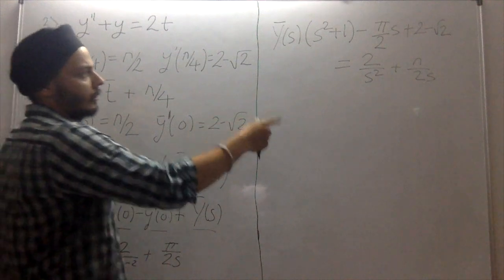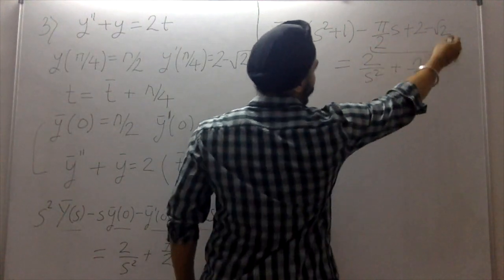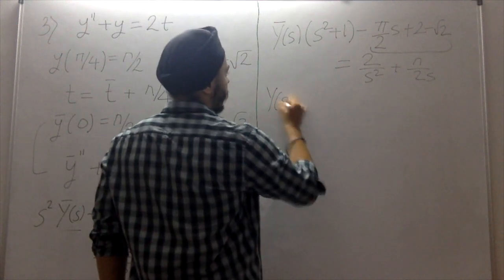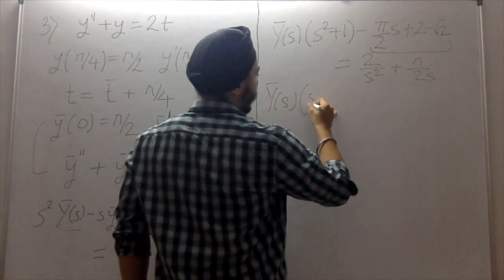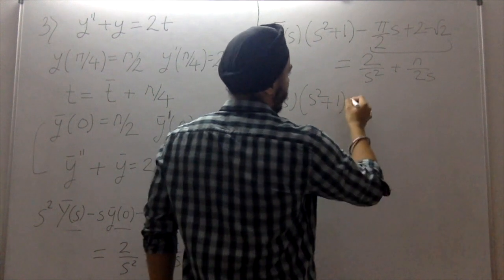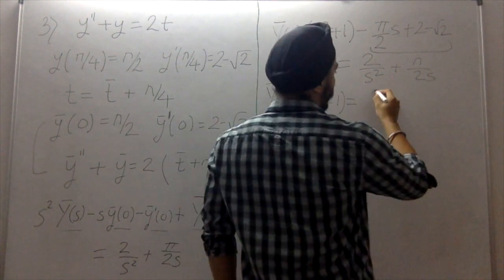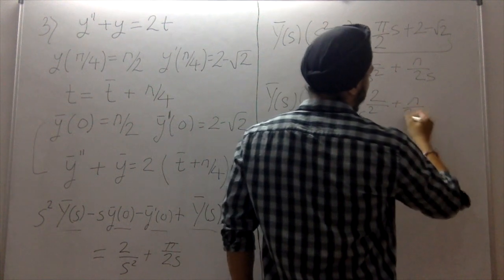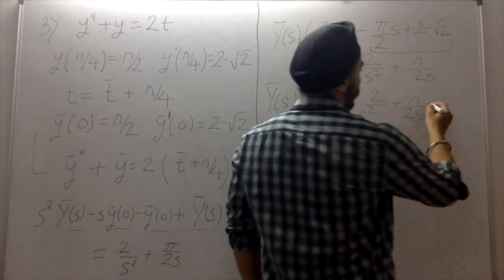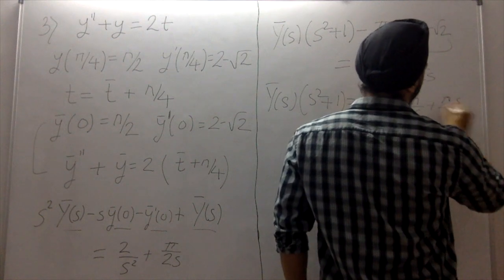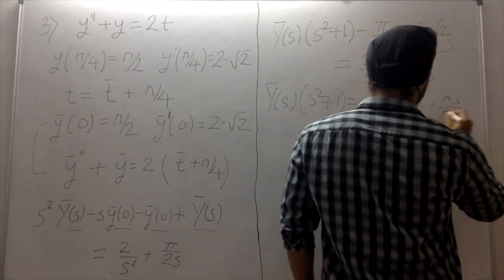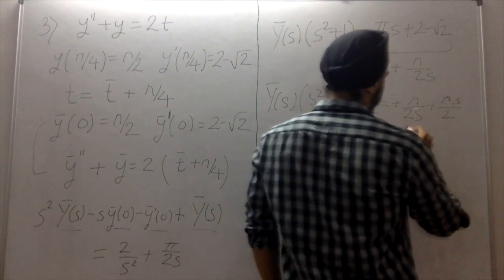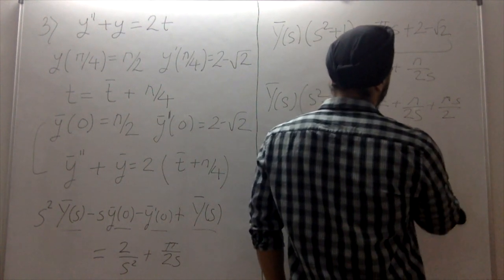So let us shift this part to the right hand side, and this will become y bar of s square plus 1, which is equal to 2 over s square plus pi by 2s, plus pi s by 2, plus 2 minus root 2.